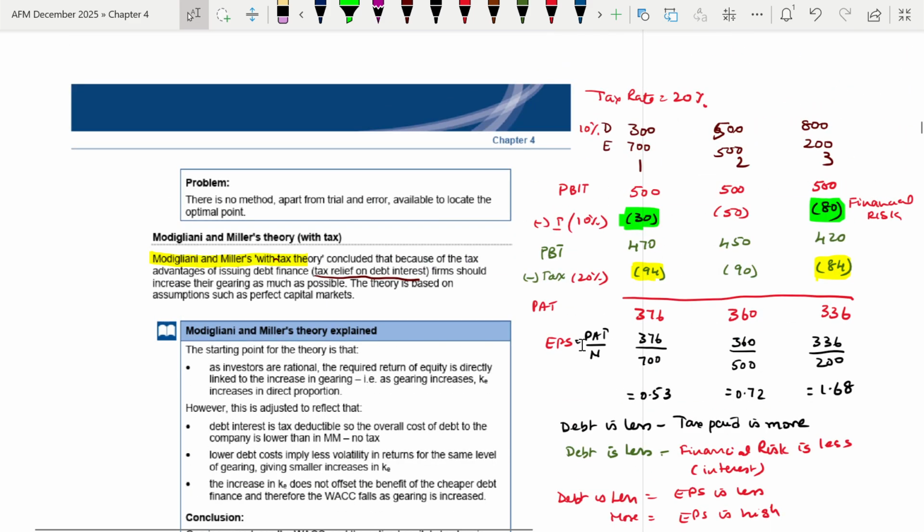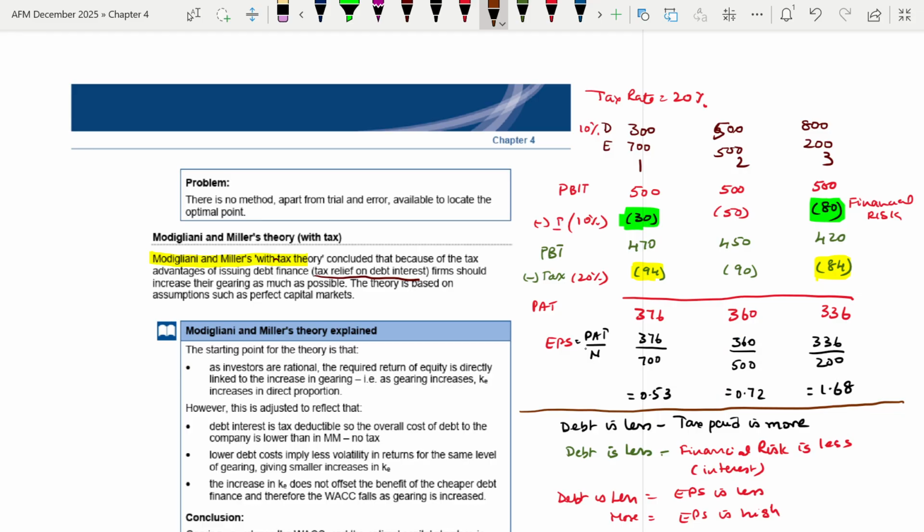But whatever theoretical points they are telling you, you have to relate those points to the numbers. It gives you a complete picture about the assumptions, and we prove whatever they have given for the low level of gearing, high level of gearing, highest level of gearing.